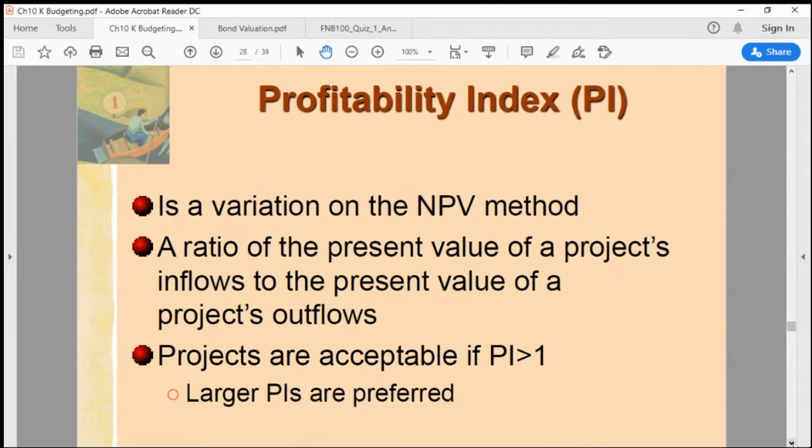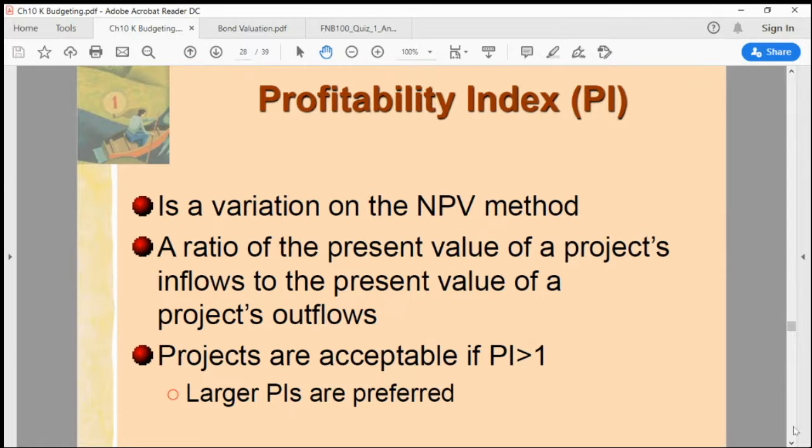But once again, profitability index is simply the ratio of present values of all cash inflows and present value of cash outflows. In other words, it's a variation of NPV, a ratio of the present value of a project's inflows to the present value of project's cash outflows.